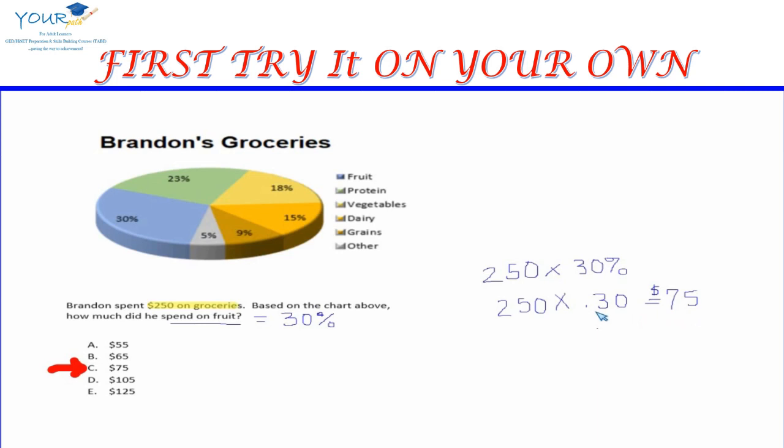So we know that if the fruit constitutes 30% of the budget, then the remaining, which is all of this here, would be 70%, because remember, all of this has to add up to 100%. So now if we were to write 0.70 here, because remember, we have to change that 70% into a decimal, and we multiply 250 times 0.70.